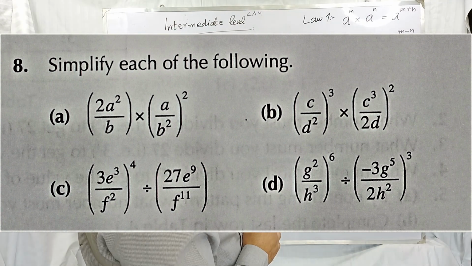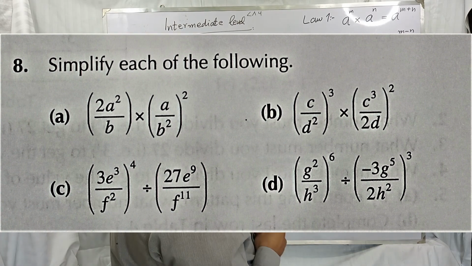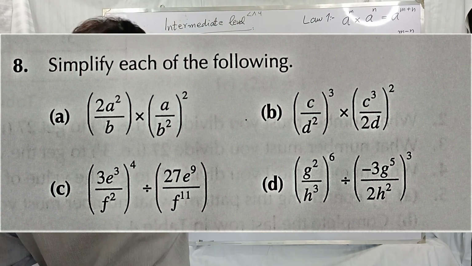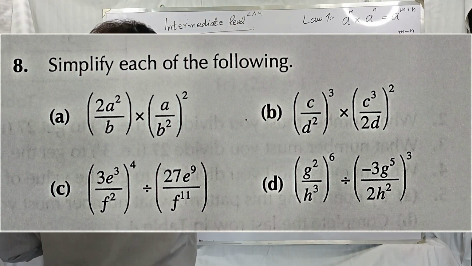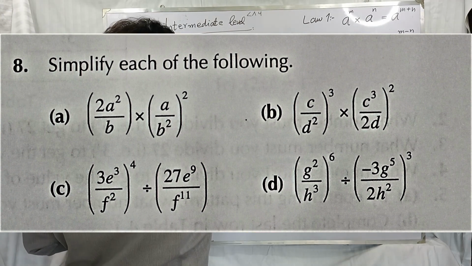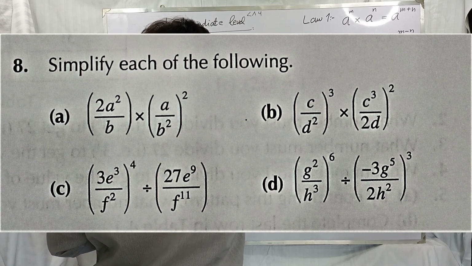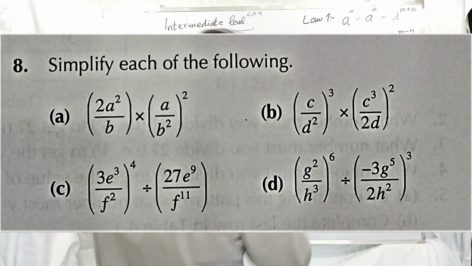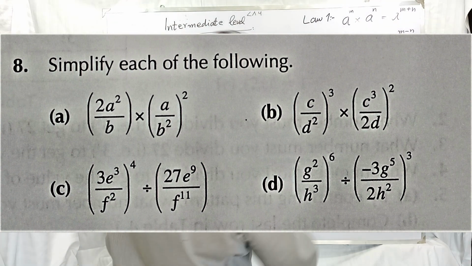So let's solve the last part of it, which looks a bit complicated. g square over h cube, whole to the power 6, divided by minus 3 g to the power 5 over 2h square, whole power 3.